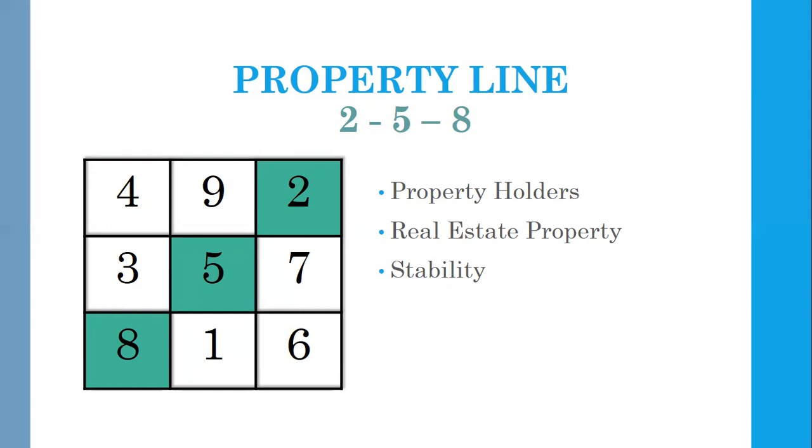Whenever you have a question in your mind about how to buy a property and whose family member's name should be on the property paper, the person who has 258 or at least 2 numbers from 258 is the luckiest person as far as property is concerned.